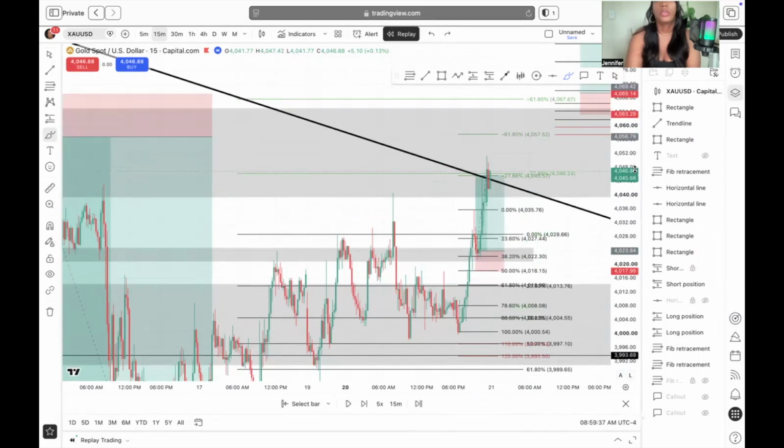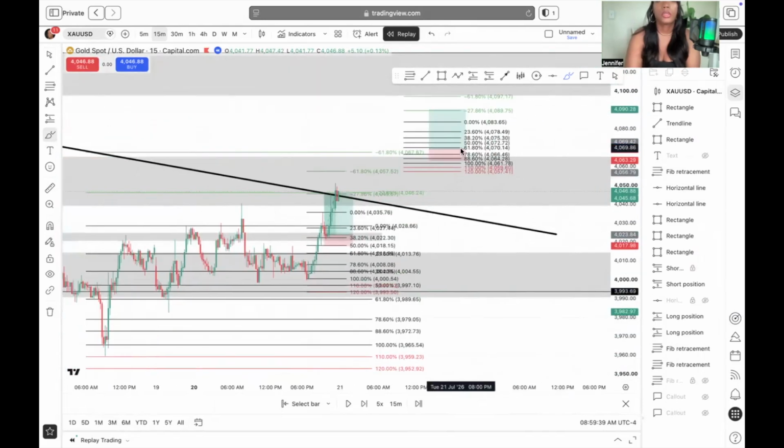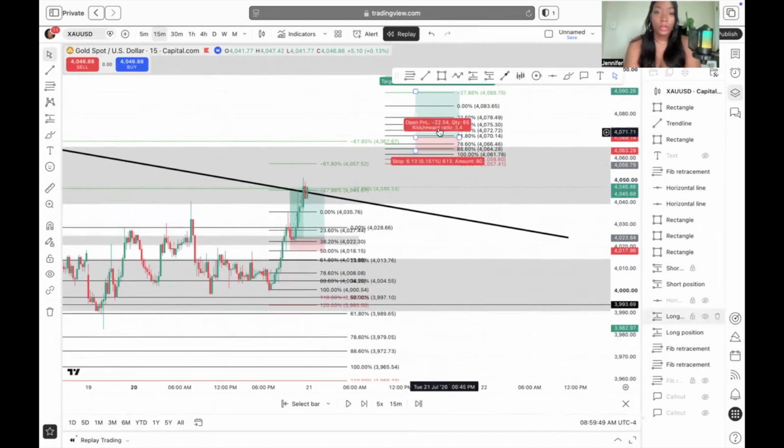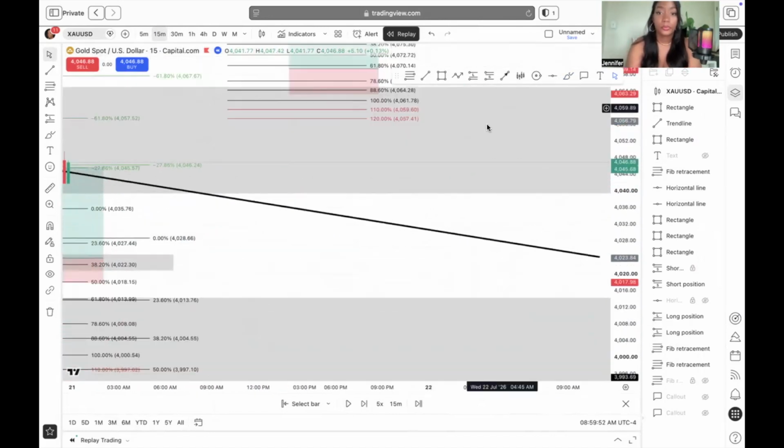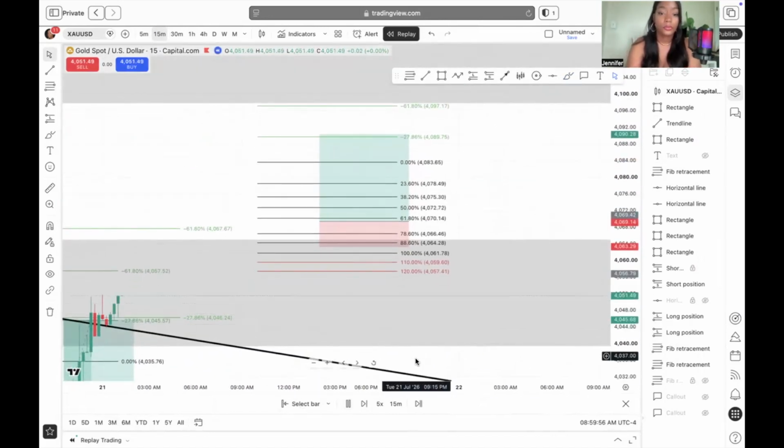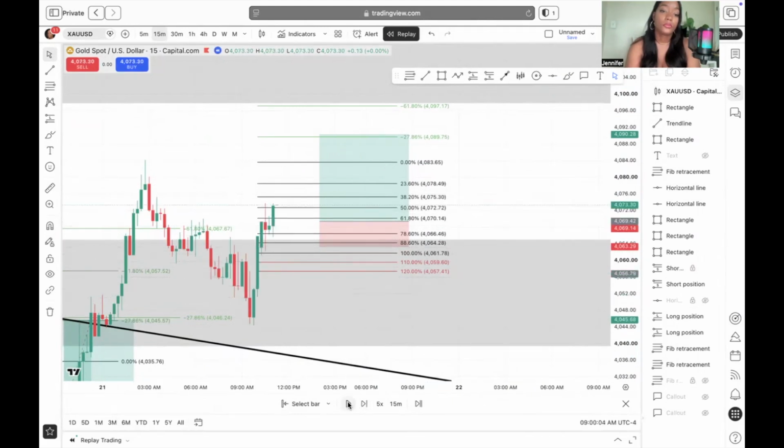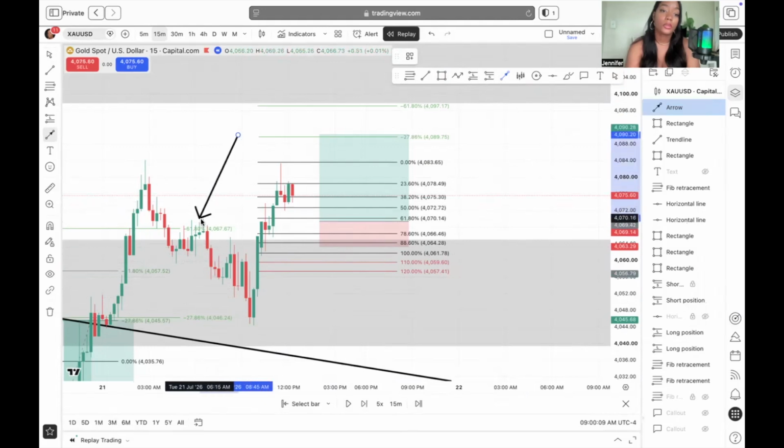And then the next trade was the one where we had the break and retest. Right here. Break of a lower high. That's a lower high point. It's a break.